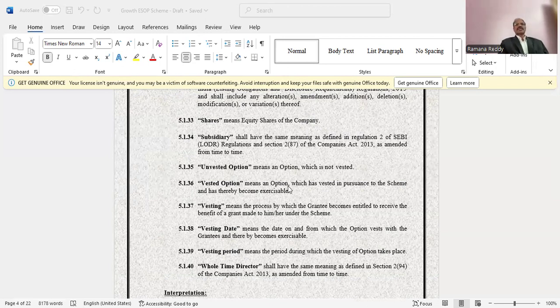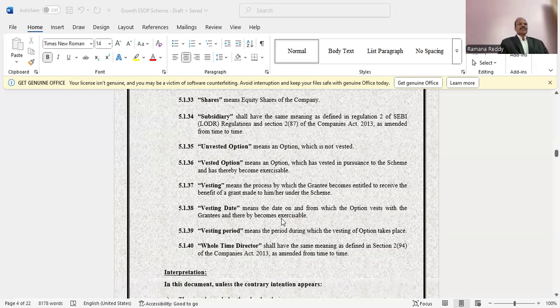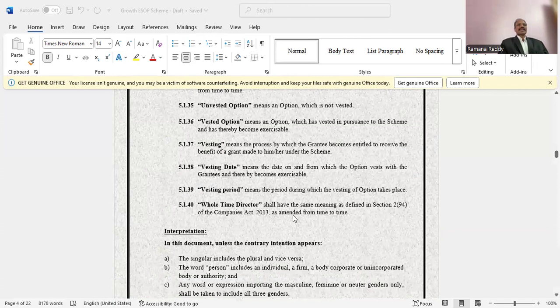Mandatory vesting period is 1 year. Vesting means the process by which the grantee becomes entitled to receive the benefit of the grant made to him under the scheme. So once vested, from that day onwards he gets a right to exercise. That is the vesting date.